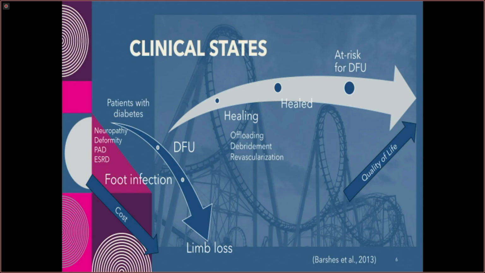So we often see this left side of my slide, the clinical states for diabetic foot ulcers: basically they've got diabetes and it just progresses, right? DFU, they get a wound, and then limb loss is the state after.